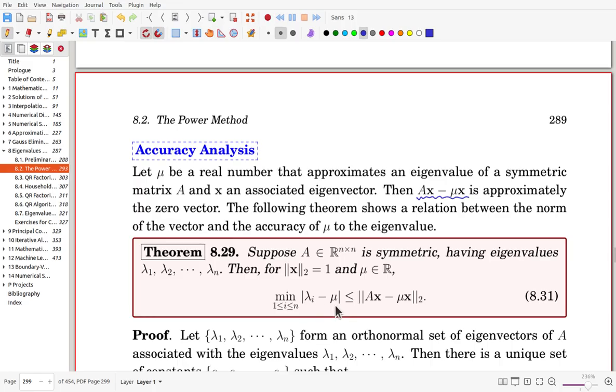This minimum is always less than or equal to this norm, which means that this can be used for stopping criteria.